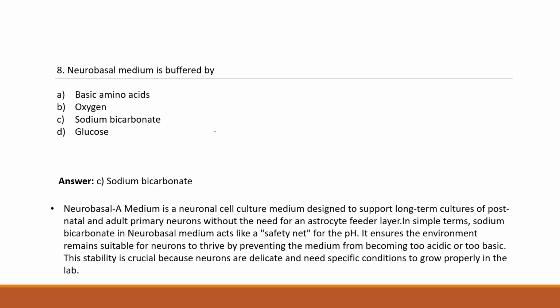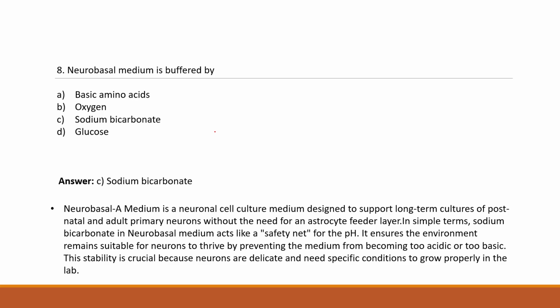It ensures the environment remains suitable for neurons to thrive by preventing the medium from becoming too acidic or too basic. This stability is crucial because neurons are delicate and need specific conditions to grow properly in the lab. Your neurons conduct your electrical impulses. So if there is a slight change in the pH of the medium in which they are growing, your neurons will not grow properly.